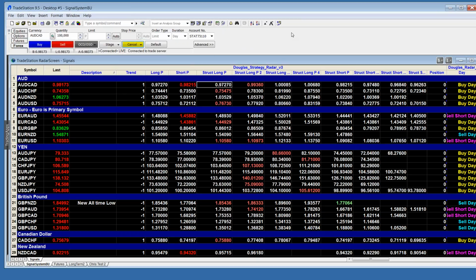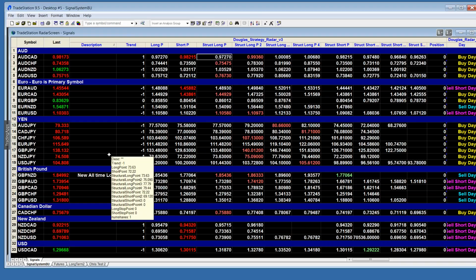Oh, this is Japanese yen, I think. And these are small minis or micros, and I place them all before the market opens at night. So what happens is once the market moves, I get filled. I am in the trade. I don't have to wait to be notified that the trigger has taken place.